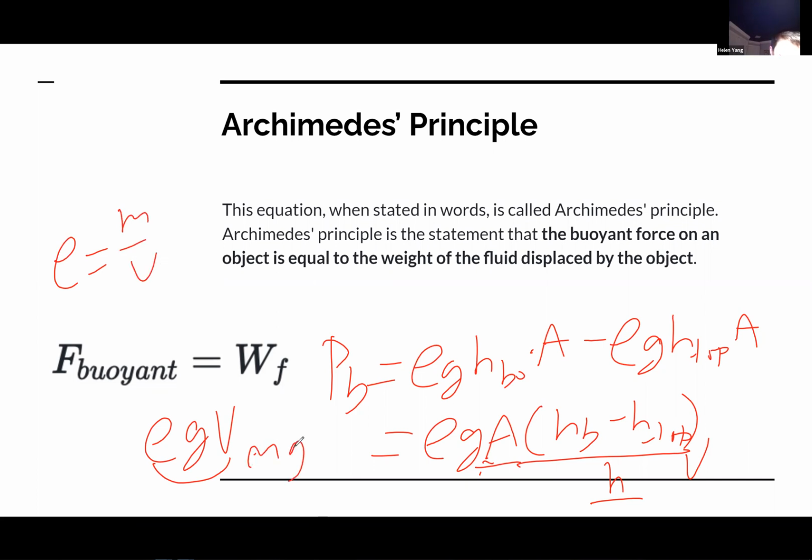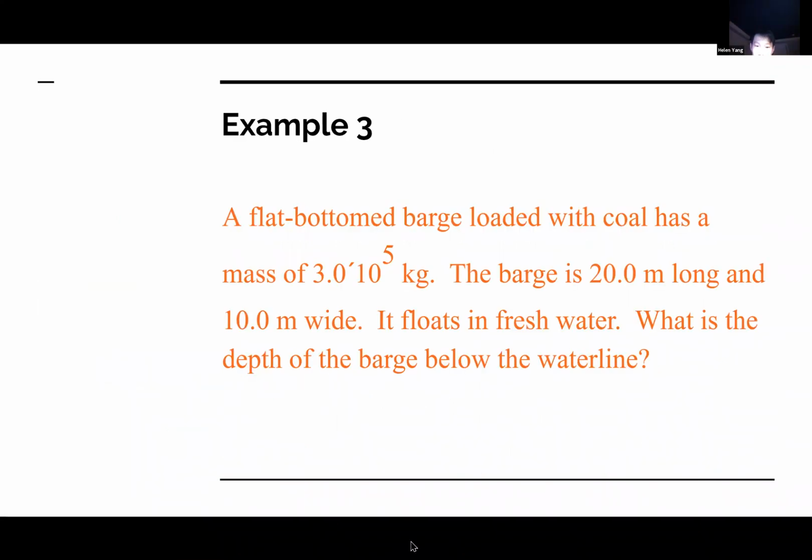So it'd just be mg. So you get this equation: the buoyant force is equal to the weight of the fluid. This equation, when stated in words, is Archimedes' principle. Archimedes' principle is a statement that the buoyant force on an object is equal to the weight of the fluid displaced by the object. So now you can do this example for the buoyant force.